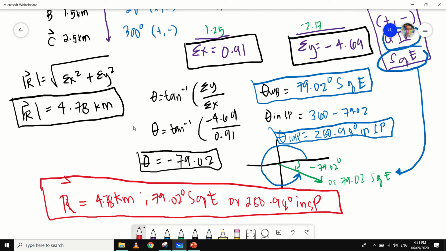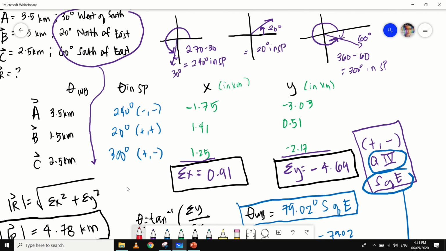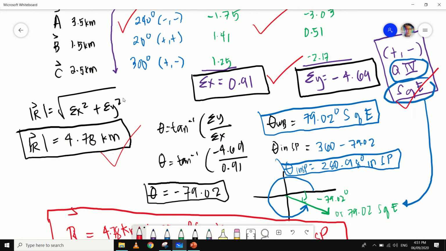If we're going to check this, you can see, this is the first step: find the standard position. Next step is to get the x and y component, get the summation, check where its location is, get the resultant vector, get the angle, angle with bearing, standard position, final answer.